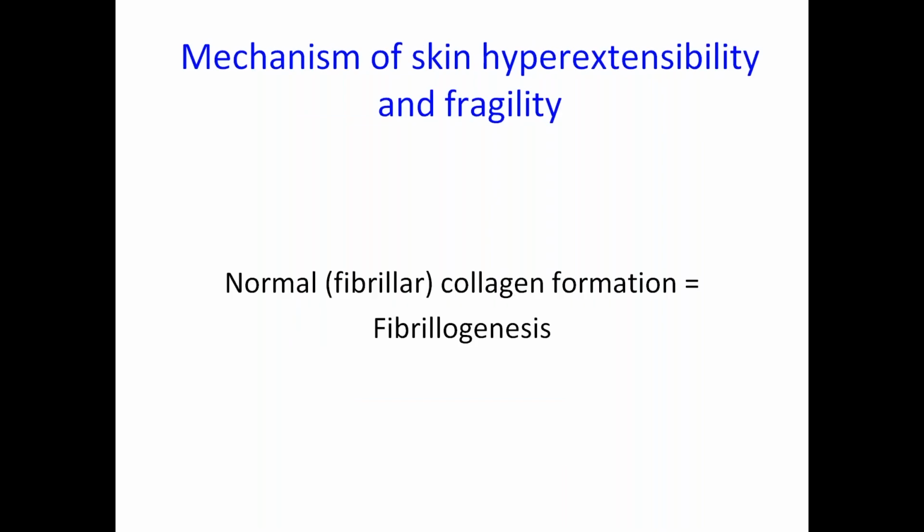So that's a rush through some of the clinical features. What about understanding, with a bit of the biology that I gave you earlier, why this is occurring? I'm just going to take you back to collagen formation, which we call fibrillogenesis. You remember that schematic of the skin. We're interested in the dermis.